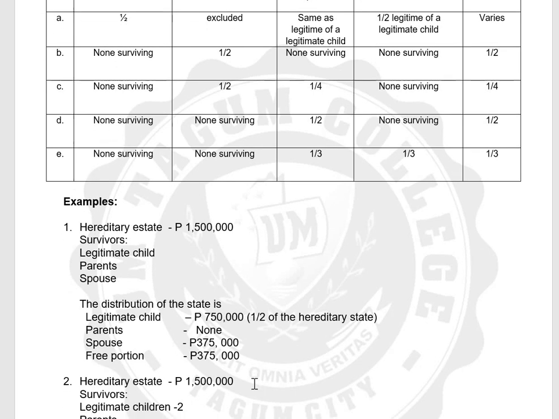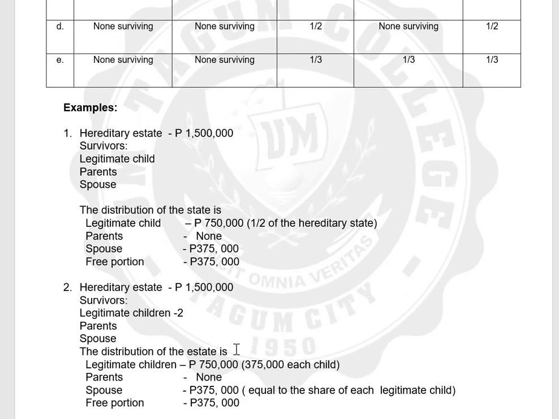Sa second example naman, okay, ito siya. So, the hereditary estate is 1.5 million. Okay, the survivors are the legitimate children, dalawa, may parent, tsaka may spouse. Okay, so as a rule, diba, half of the hereditary estate is mapunta sa legitimate children, which is 1/2, so 750. Since dalawa man yung anak, so each child may share na 375.